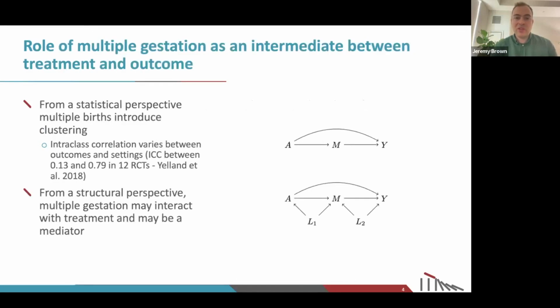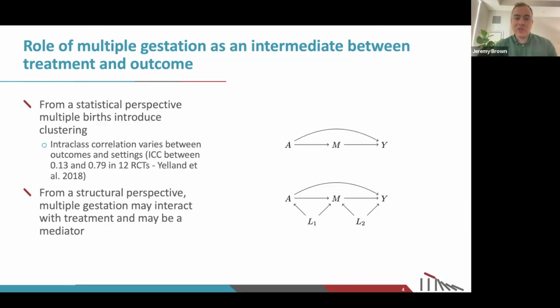In terms of the role of multiple gestation and multiple births in perinatal epidemiological studies, when it's an intermediate variable, it could have a statistical role in terms of introducing clustering.